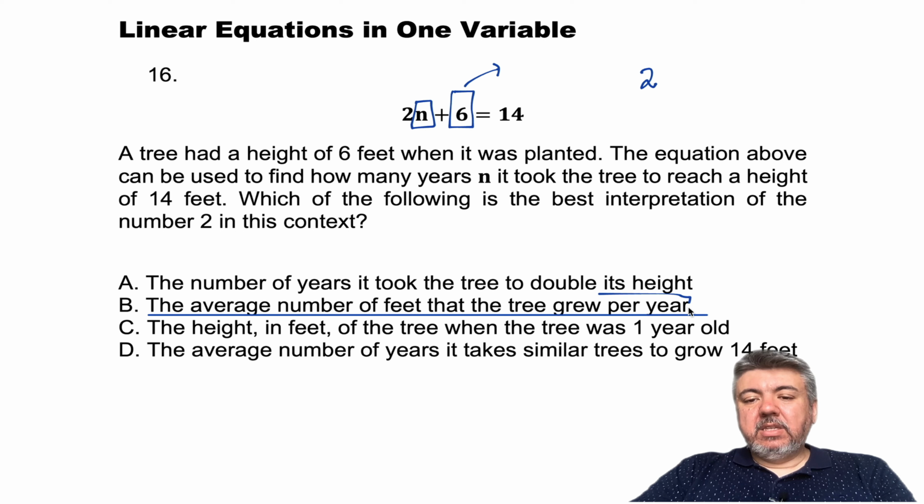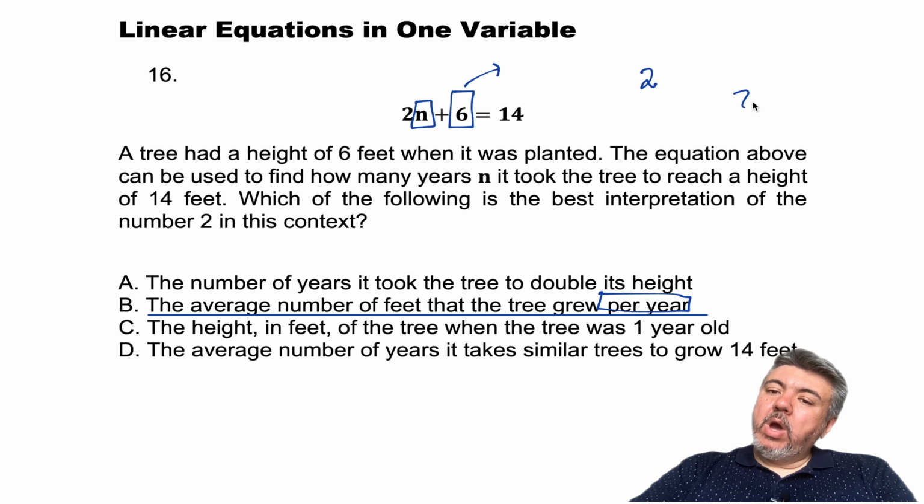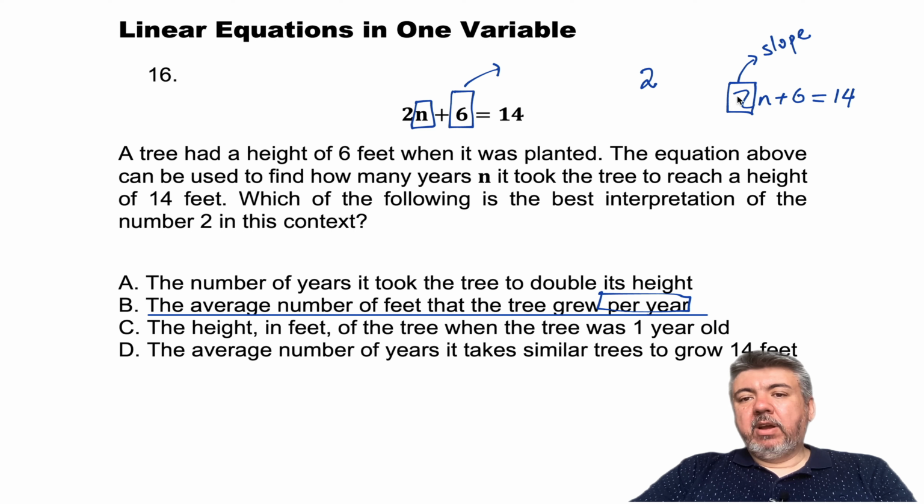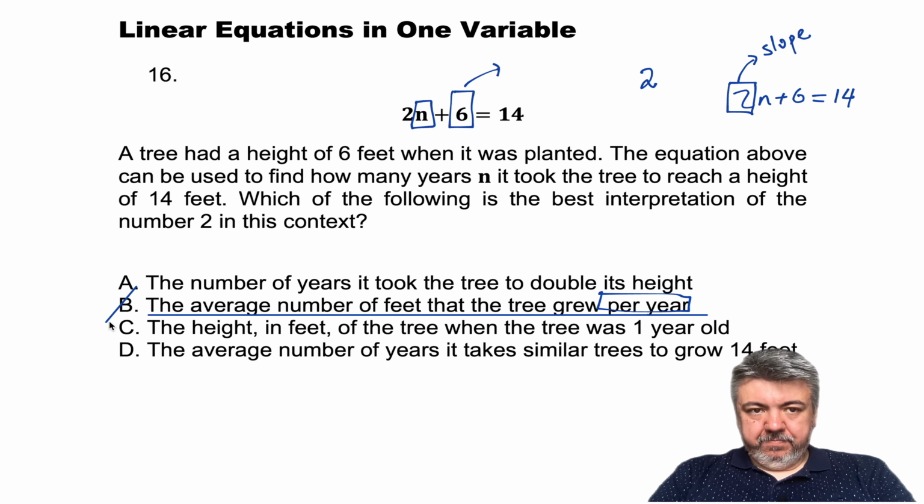Yeah, that's the idea. Actually, 2n plus 6 equals 14. This is what we call the slope of the linear equation, which is every year, every minute, every second it grows, or something like that. So our answer will be choice B.